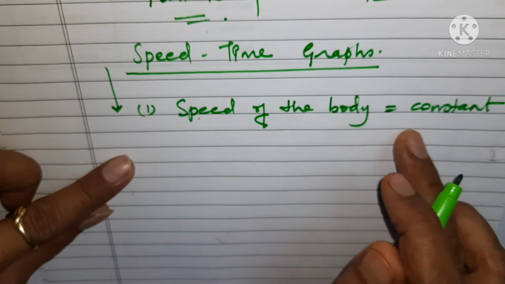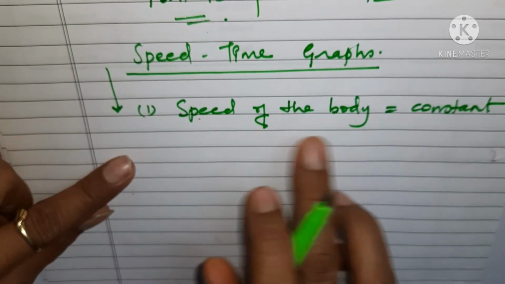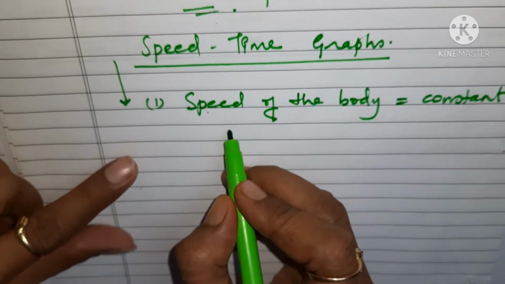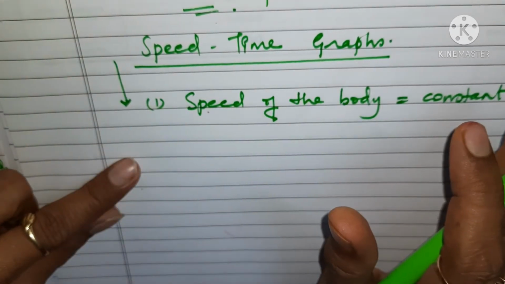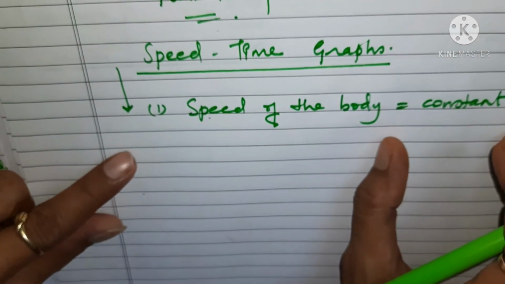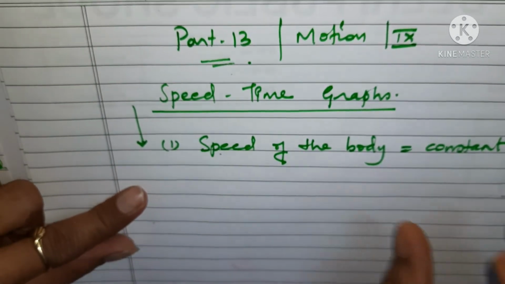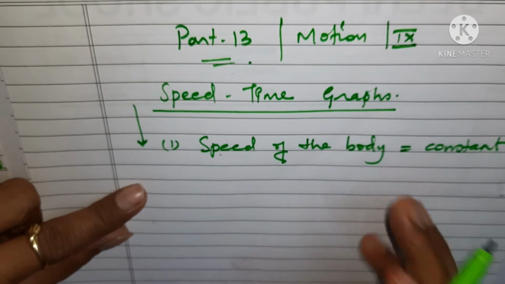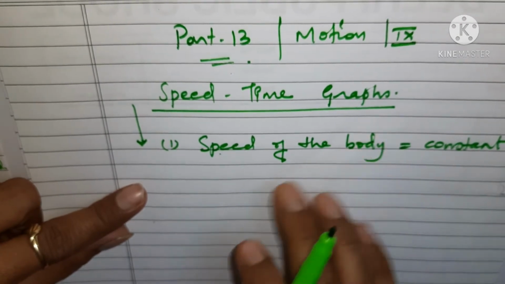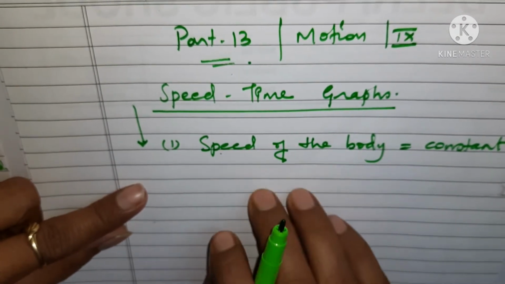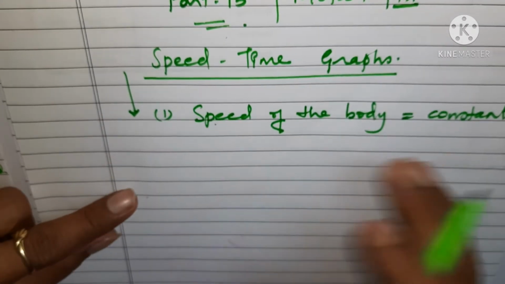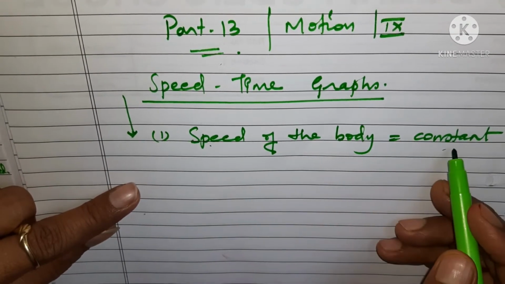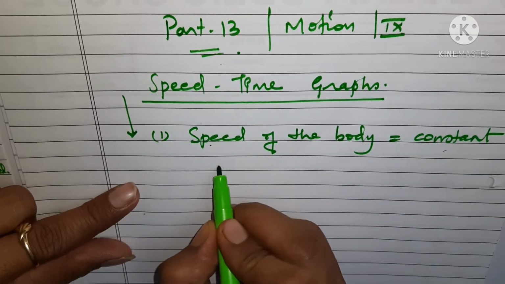In such cases, definitely we don't have any acceleration, because we know that there must be a change in speed to get acceleration. The definition itself says that rate of change of velocity or speed is acceleration. So when speed itself is constant, there is no acceleration.